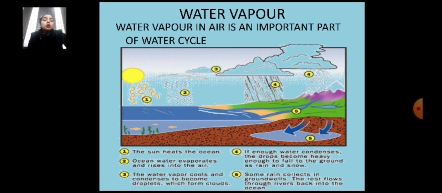And if enough water condenses, the drops become heavy enough to fall to the ground as rain and snow. Okay, and some rain collects in ground wells, the rest flows through rivers back into the oceans. So water vapor is a very important part of the water cycle.